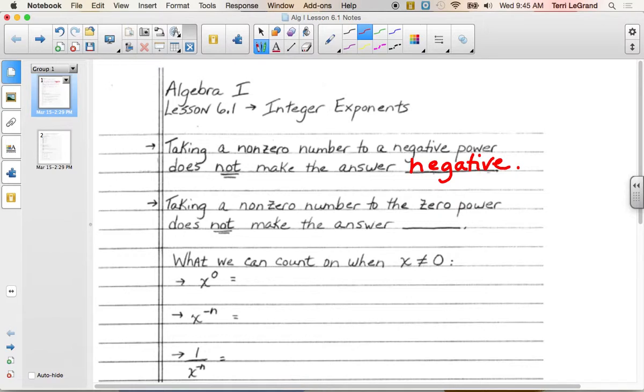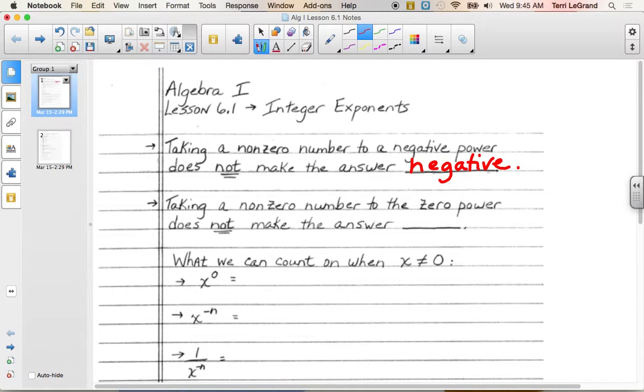No. In the homework or the practice that you did, when you had something to a negative power, I'm not talking about a negative sign involved somewhere else in the problem, but as the negative power part of the problem, that should have never made that expression a negative number. So a negative power does not make it negative.